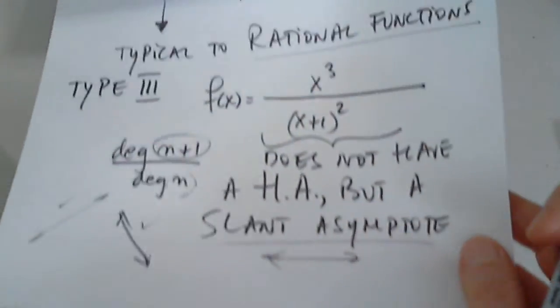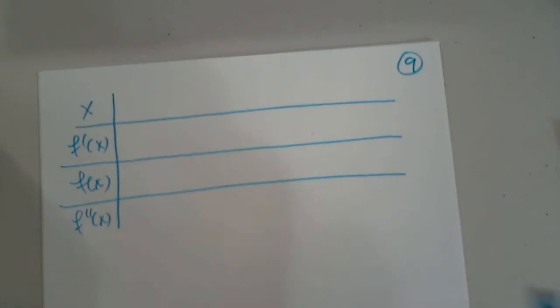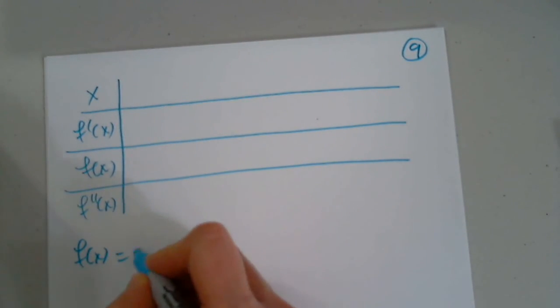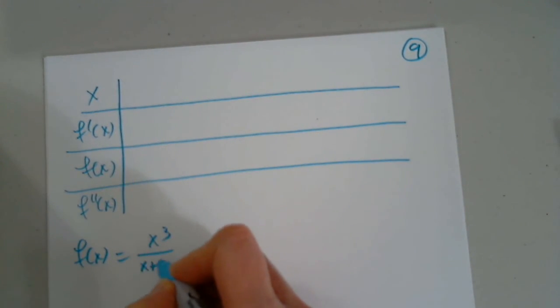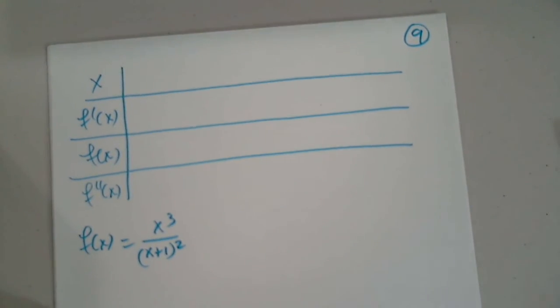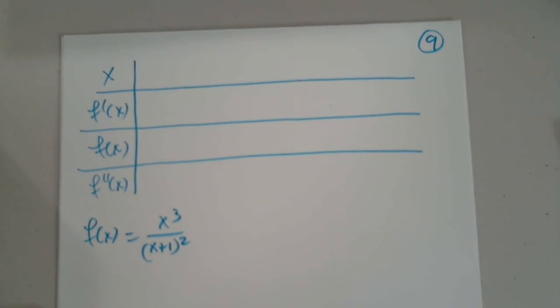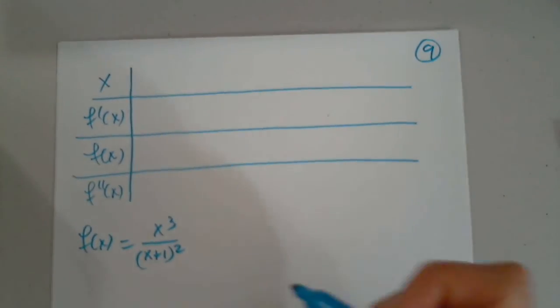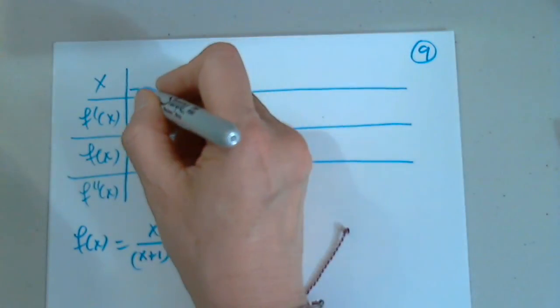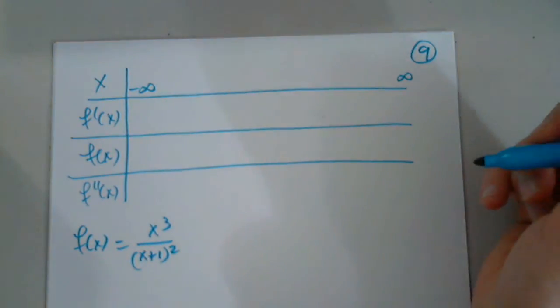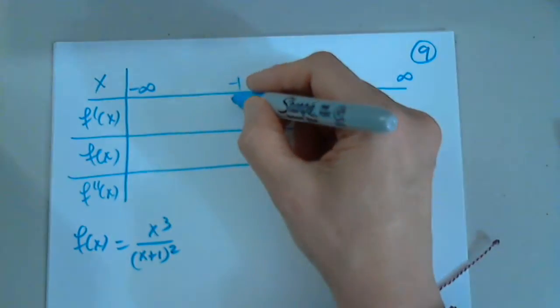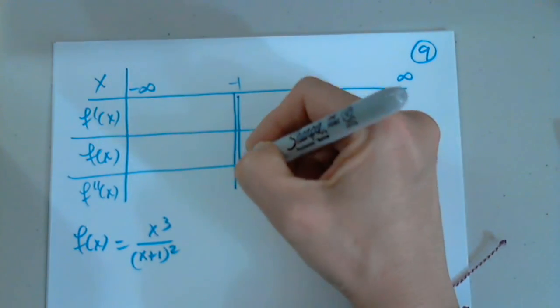Can anyone give us the domain of this function? I'm going to copy it here again so I can put it away. So, can anyone give us the domain of this function? Is it all real numbers except -1? Excellent, thank you.